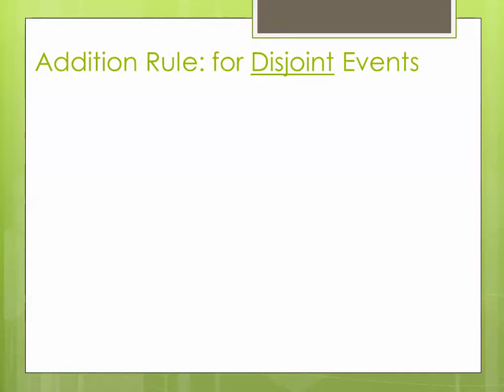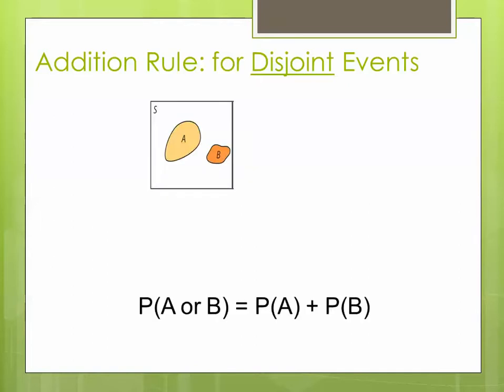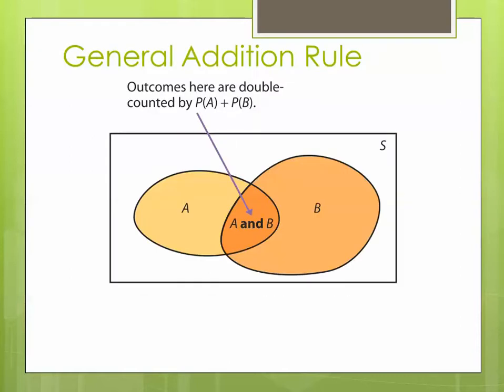So here's the addition rule for disjoint events. Probability of A or B equals probability of A plus the probability of B. Just add them together. This is the one we've already talked about. But the general addition rule is going to encompass non-disjoint events. And so I want you to look at this piece right here that the arrow is pointing to.